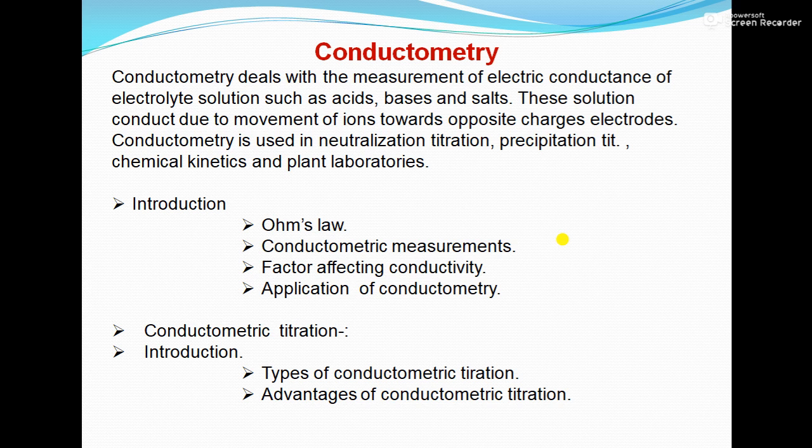So that is called conductivity. In this we are going to see Ohm's law, then conductance, specific conductance, specific resistance, cell constant, molar conductance, equivalent conductance, and factors affecting conductance.